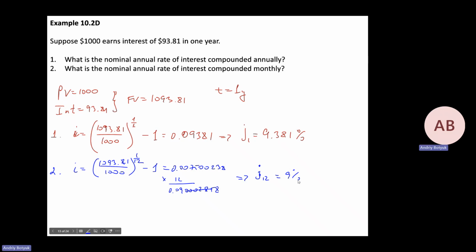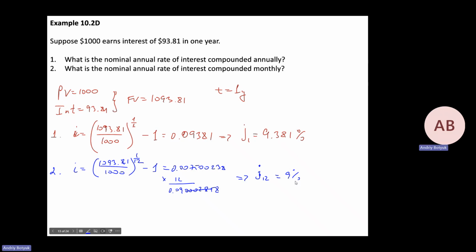So let's analyze that game. We have the same starting condition, meaning I have the same amount to invest for the same time interval.